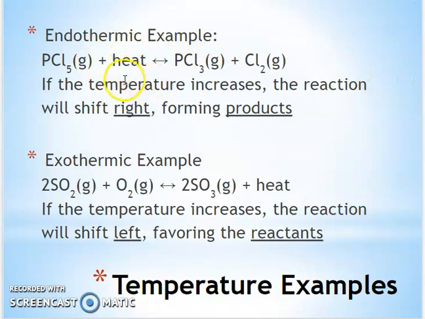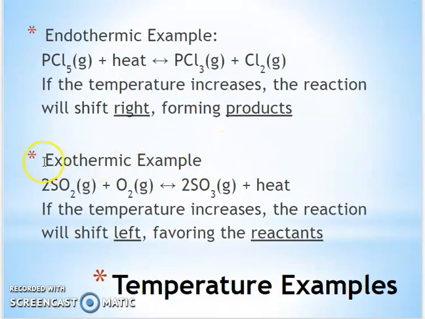So if you add more heat, you're going to encourage more products to form, causing a shift to the right, because this decomposition is an endothermic process. It would not shift to the left, because the formation of PCl5 is an exothermic process, because bonds are forming and therefore that's releasing heat. So you would never encourage this backward reaction to happen by increasing the heat of the reaction overall.